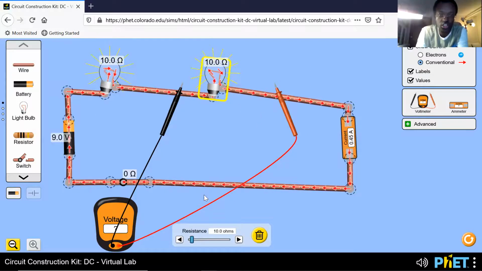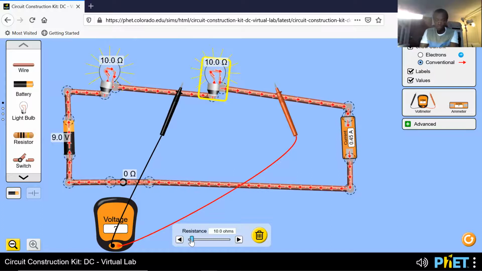And if I make the resistance higher for the one on the right, you see they don't shine very brightly. Okay, I think that's it for the series circuit. Now, resistors in parallel.